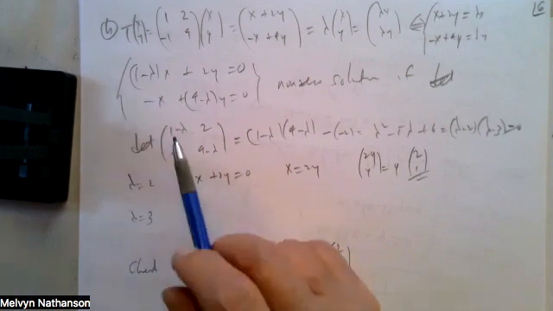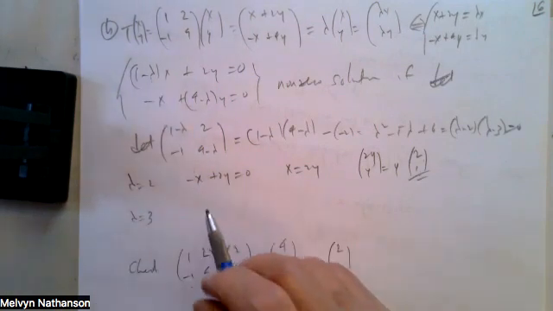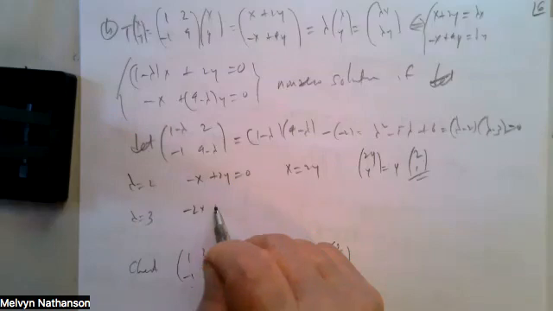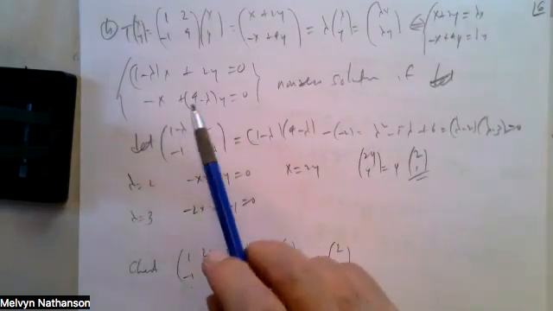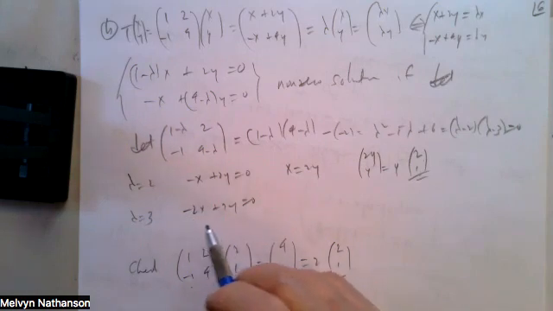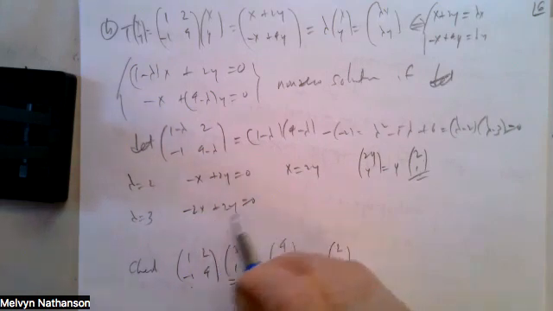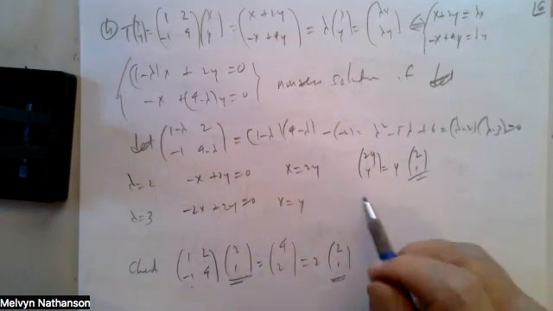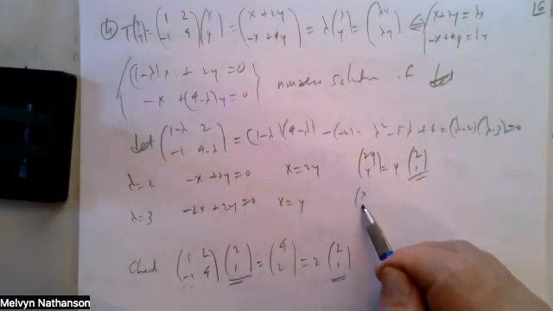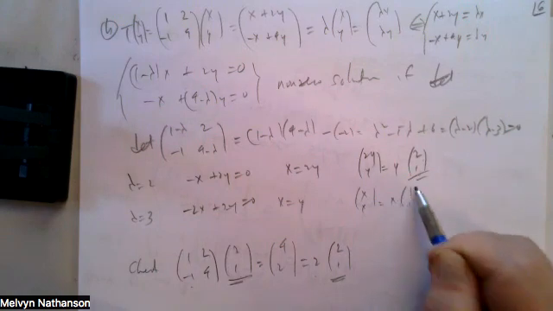When lambda is 3, this is the equation minus 2x plus 2y equals 0, which is the same as minus x plus y equals 0, or x equals y. So we get x, x, or x times 1, 1.